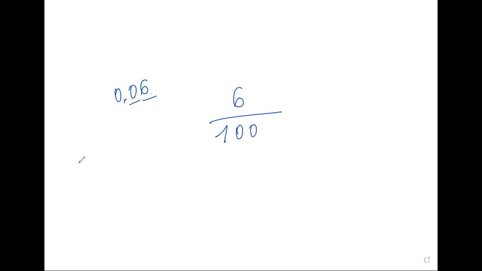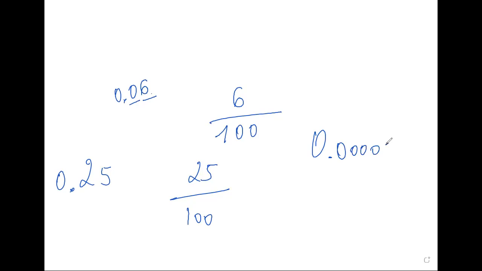That's it. How about this? 0.25, that is 25 over 100. What about this? 0.0001, that is 1 over 1, 1, 2, 3, 4, 5 zeros. That's it. Now we will be seeing an example.